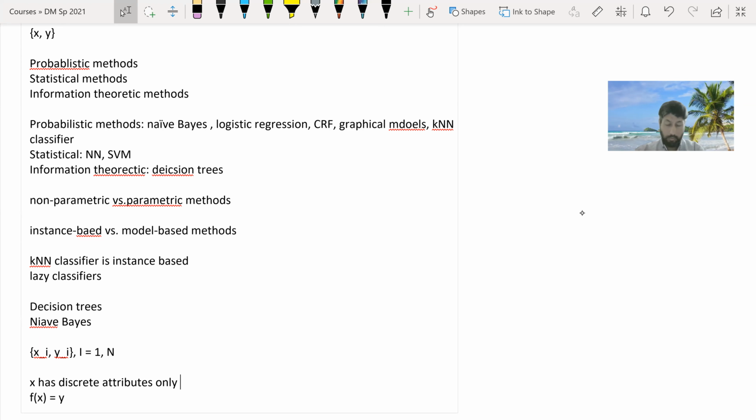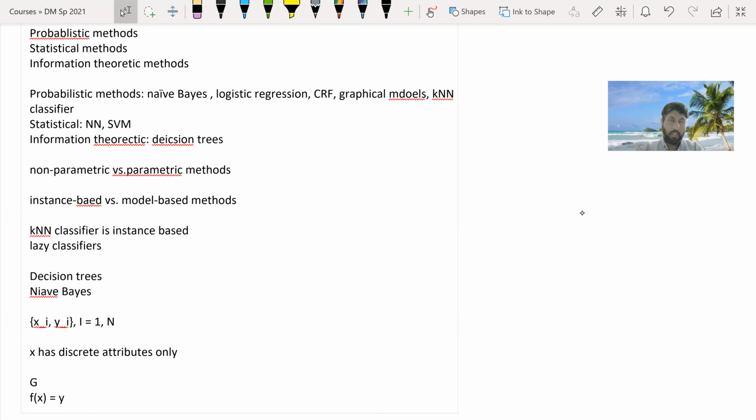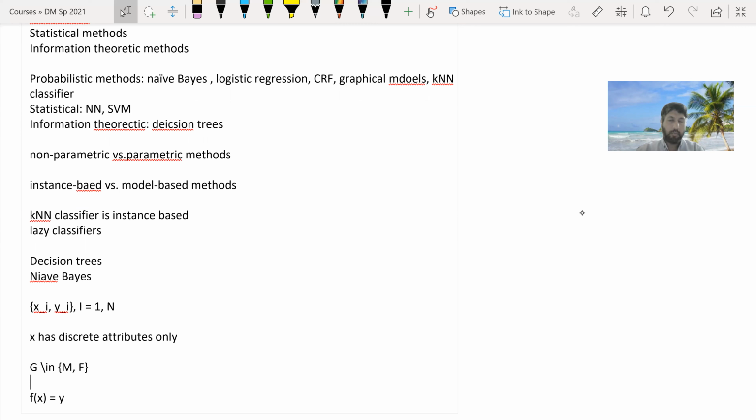So for example, the student we talked about, let's say you have an attribute gender. Gender obviously has two possible values, male and female. And let's say you have some other attribute, what do you call that?